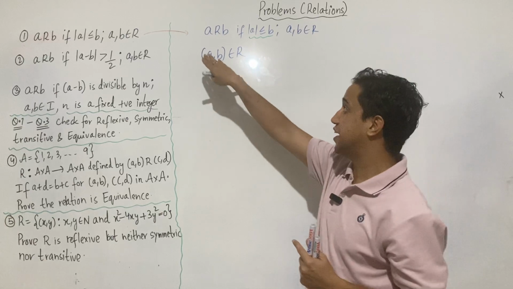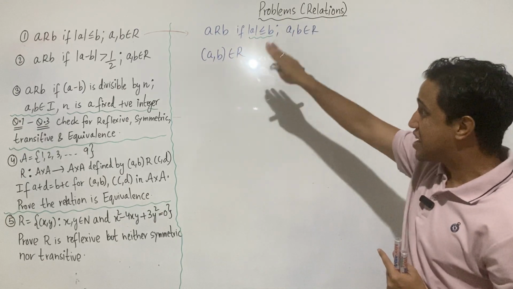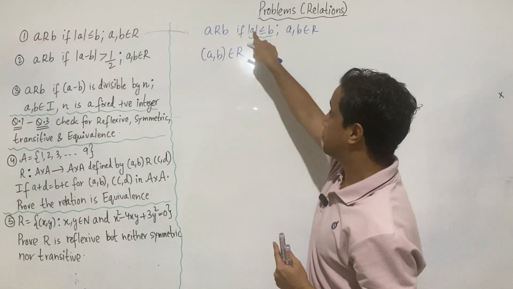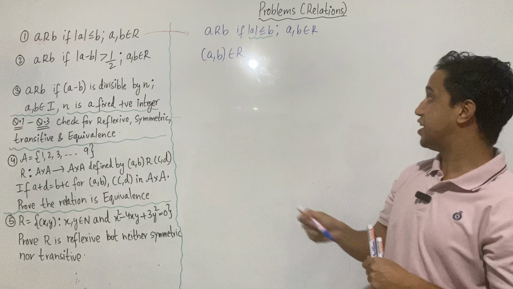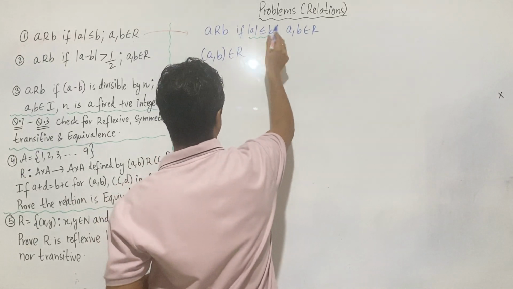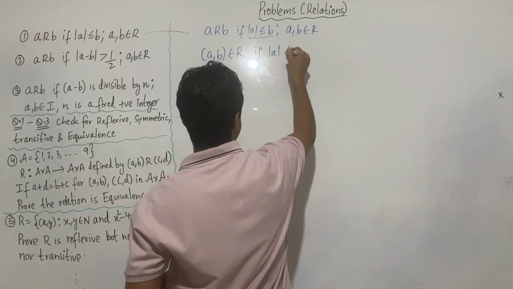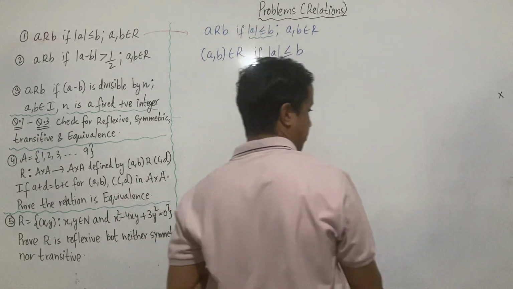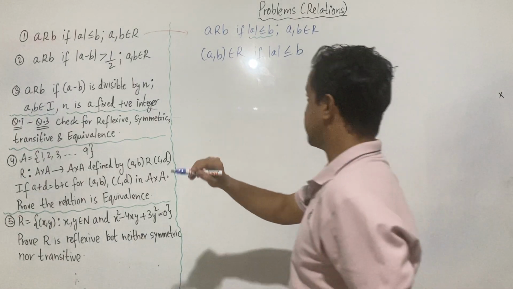Here it says the ordered pair (a, b) belongs to the relation R if a and b follow this condition, that is, if |a| is less than or equal to b. Now we'll see first whether this relation is reflexive.